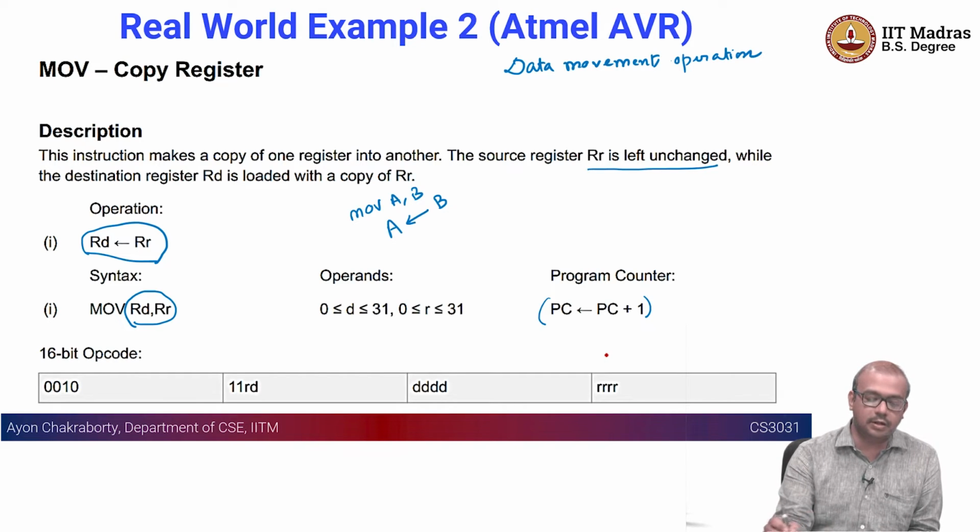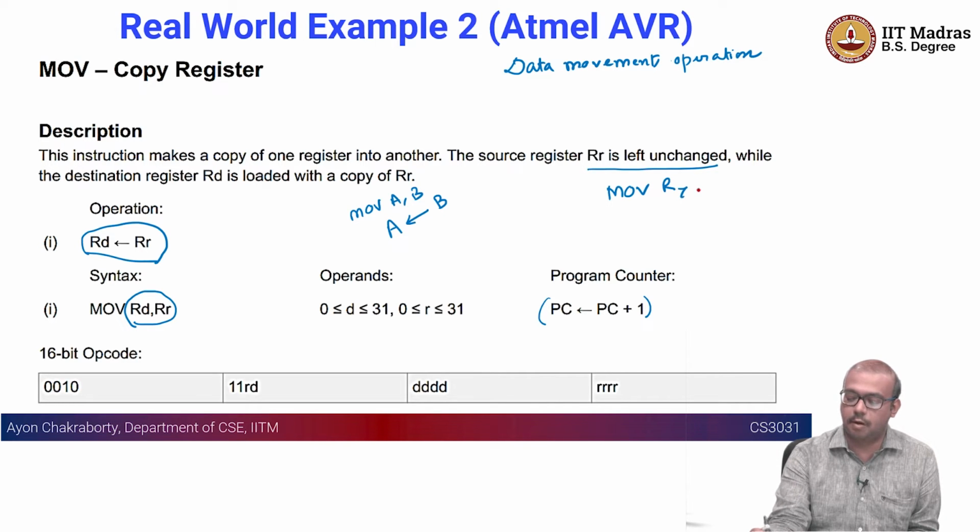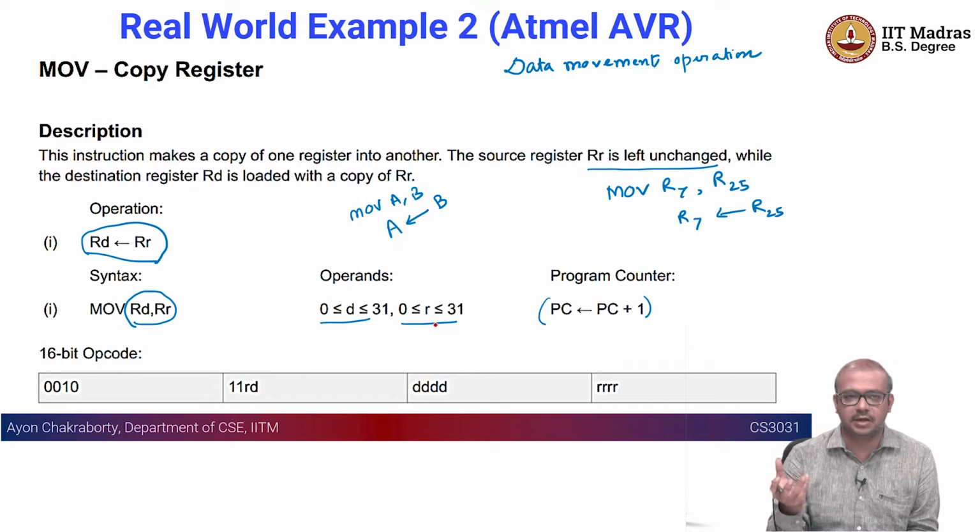Okay, so here also you can all come up with this sort of instructions. Let's say MOV R7, R25. So it's basically R7 is going to be loaded by the contents of R25, right? So for 7 we are going to use 5 bits. Note that here there is a flexibility. Earlier in case of LDI the flexibility was not there because the bits were being eaten up by the immediate value, which is itself 8 bits, right?